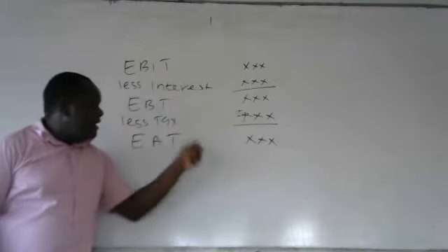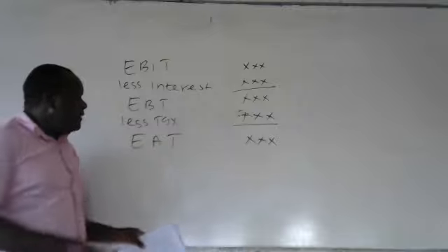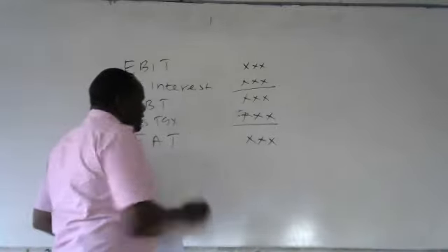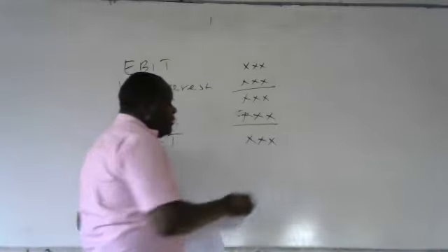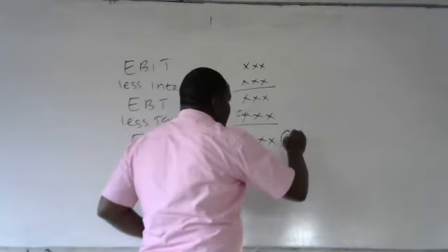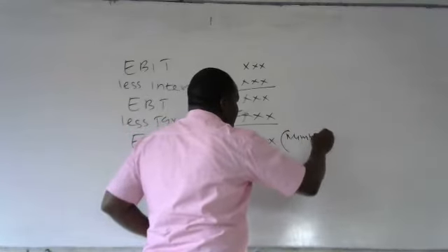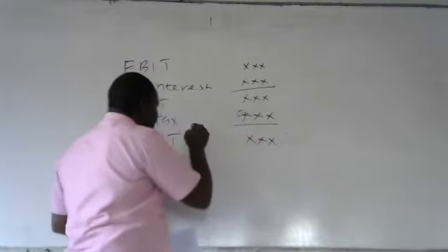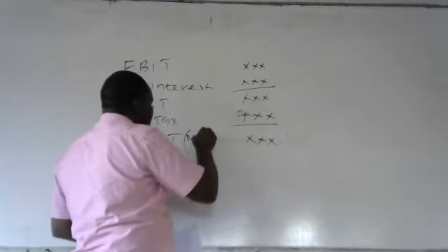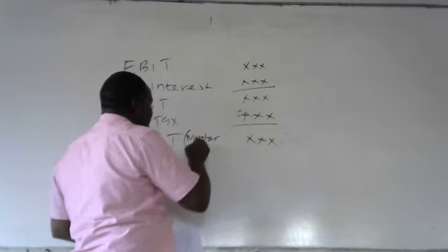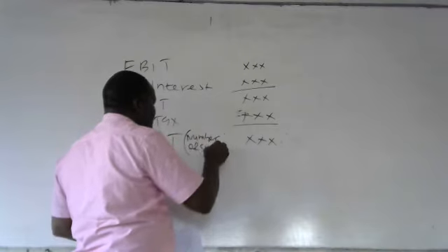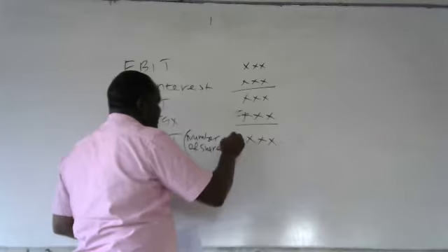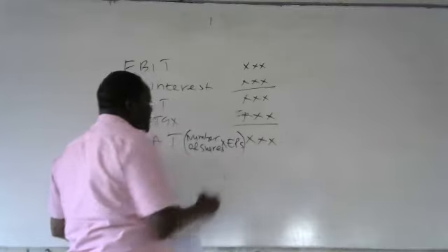For these earnings after tax, we simply take the number of ordinary shares, the number of the shares, multiplied by earning per share.